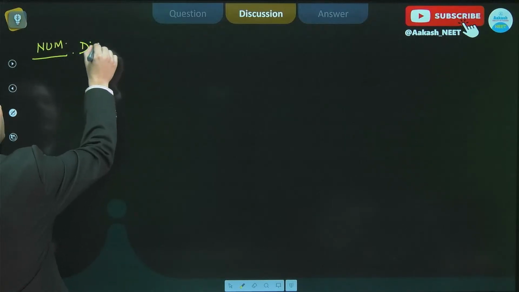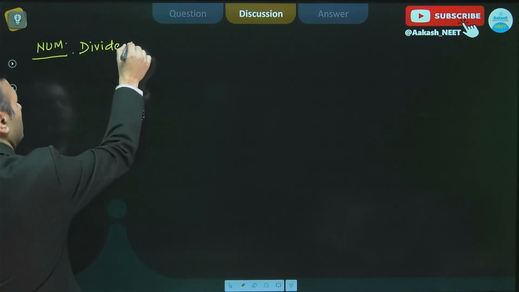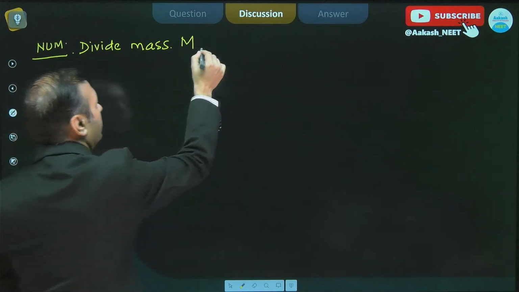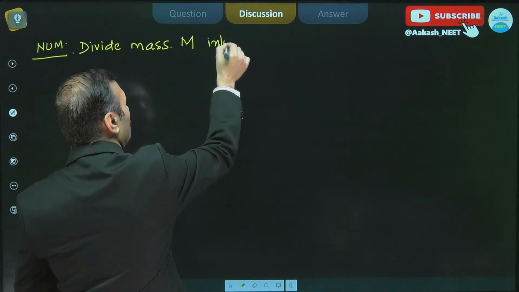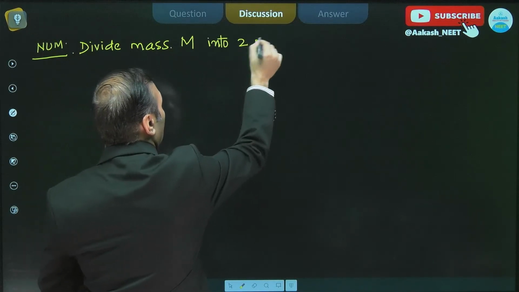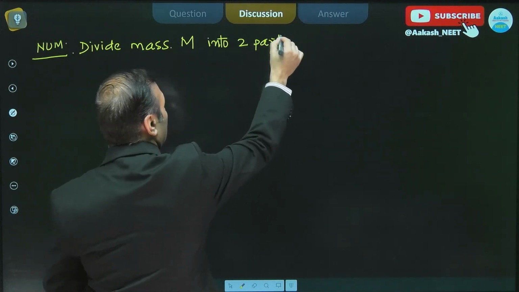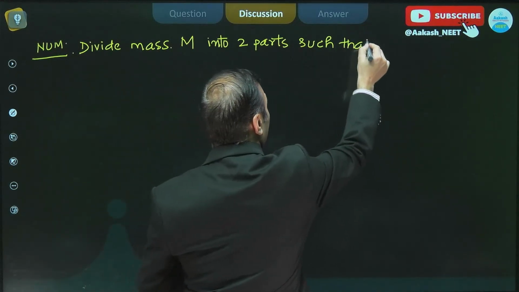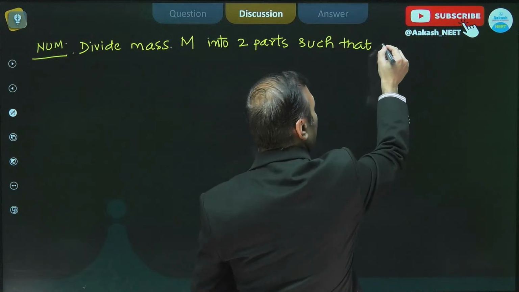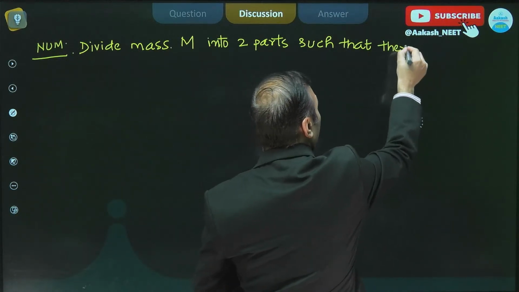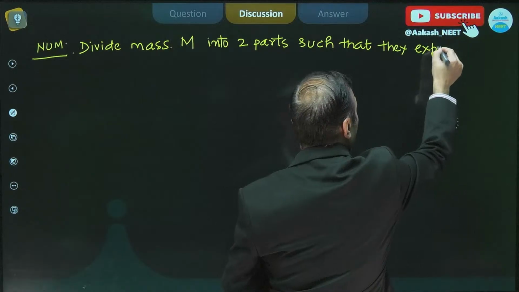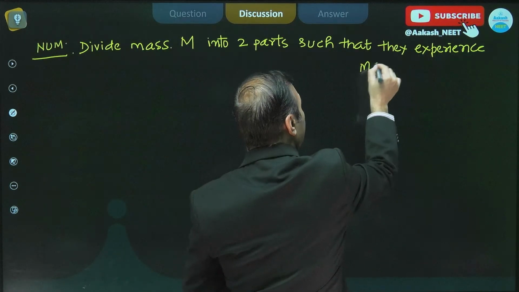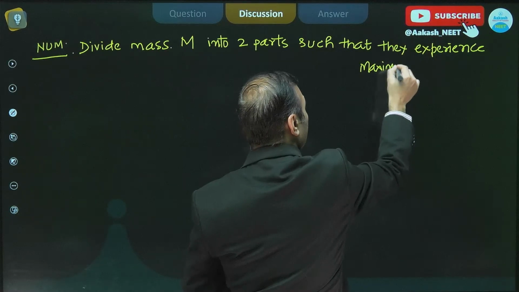It says: divide mass M into 2 parts such that these 2 parts experience maximum force of attraction.